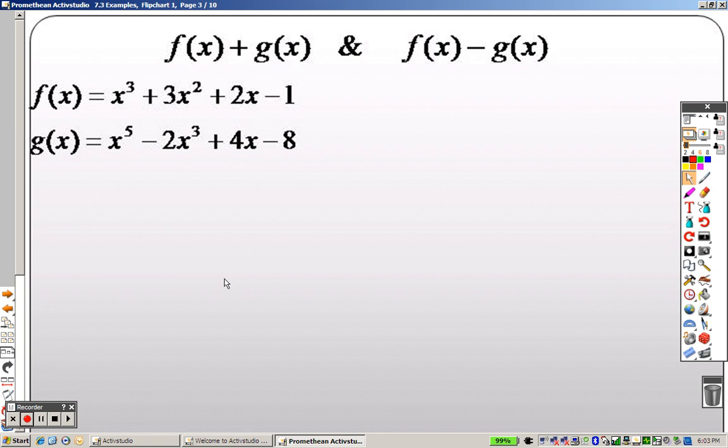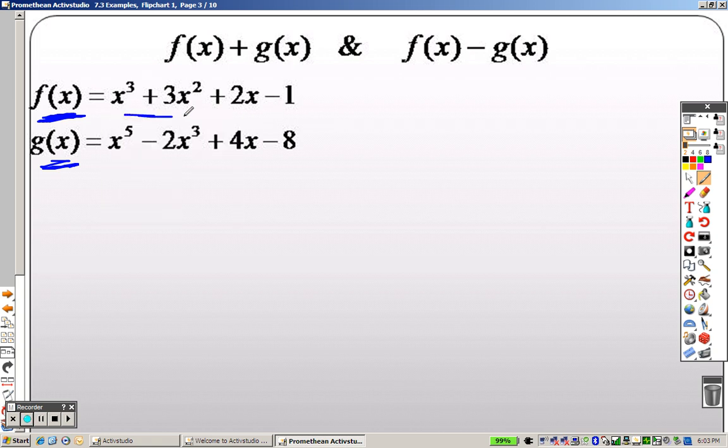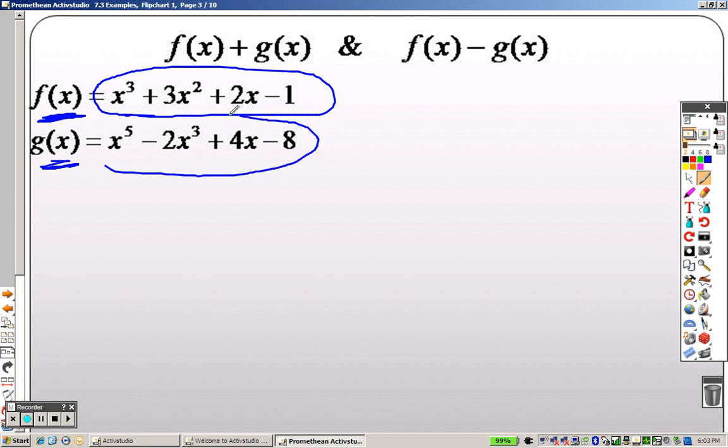What this one is now saying is this right here, this item is your f of x right here. This item is f of x, and this item is g of x. So if I'm saying f of x plus g of x, that means you take all of this right here, you take all of this, and you add it to all of this.